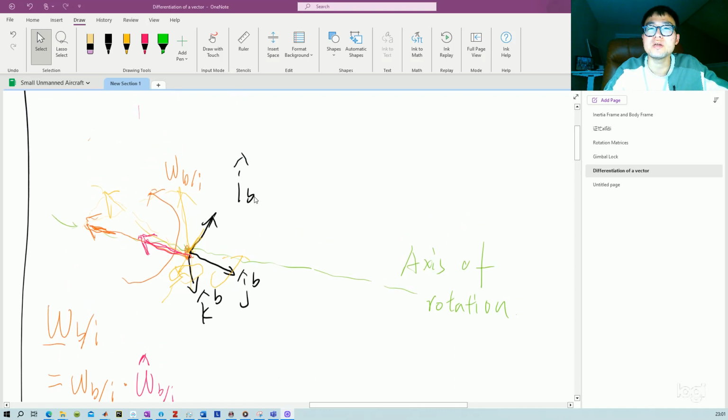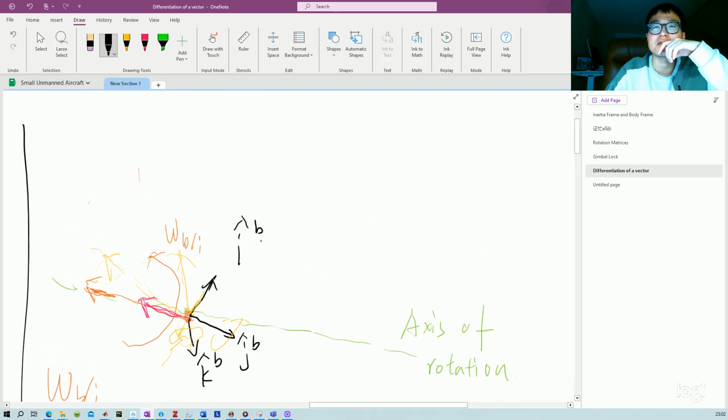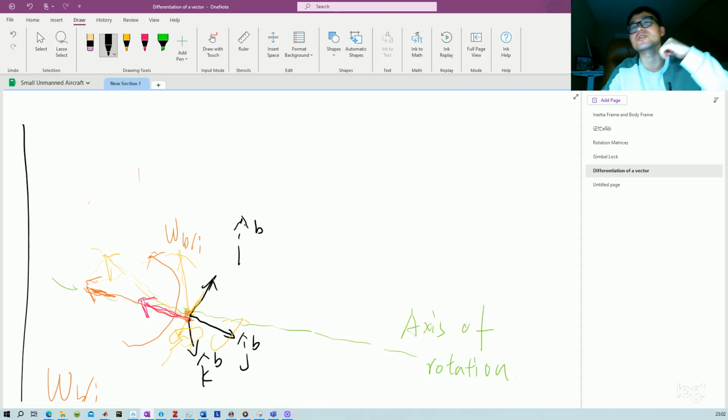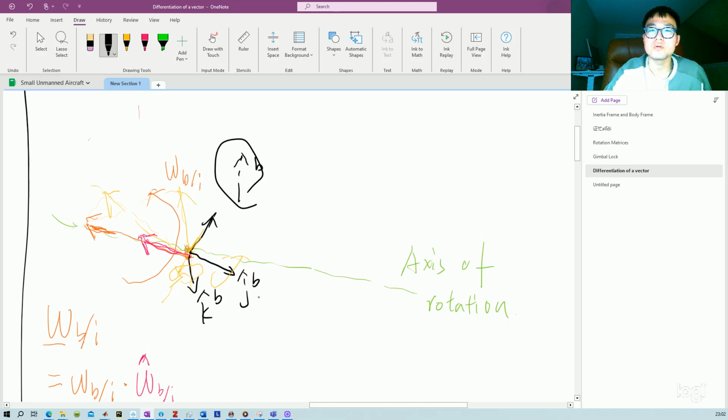This i-B hat, j-B hat, sorry, I should use a superscript here to describe that this is in the body frame. We use this hat notation to express it as a vector which has a direction, and these three are called unity vectors, which have the length of 1. That's why it's called a unity vector.